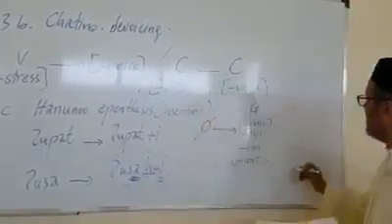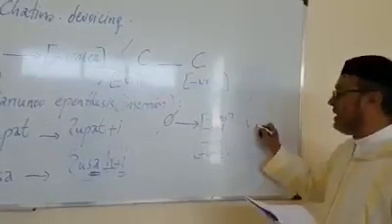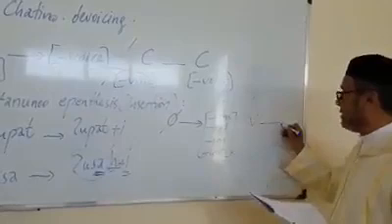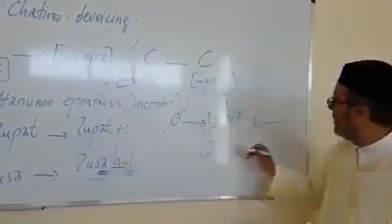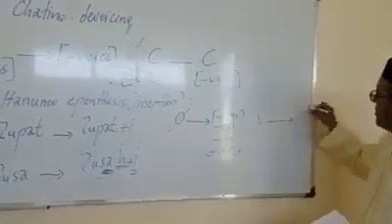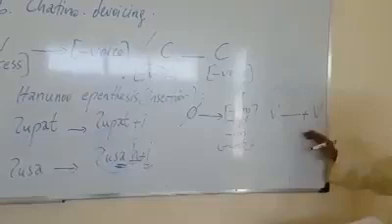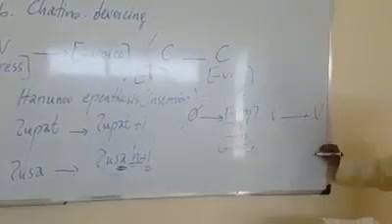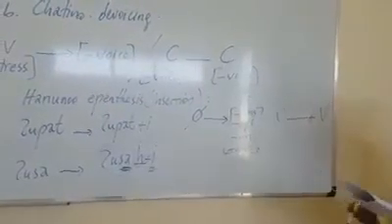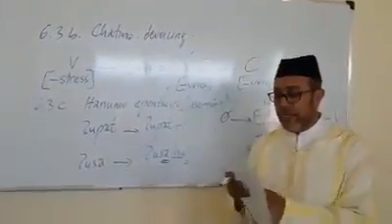So the vowel a, and then here is where we inserted it, plus the morpheme boundary, plus the suffix vowel e. So that's Hanunu epenthesis or insertion.